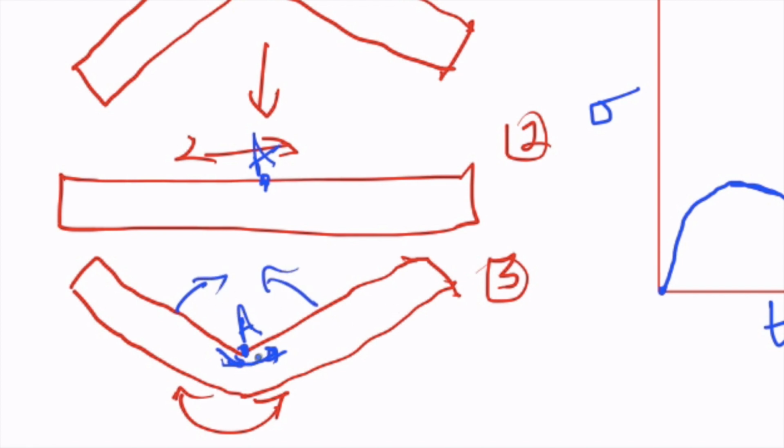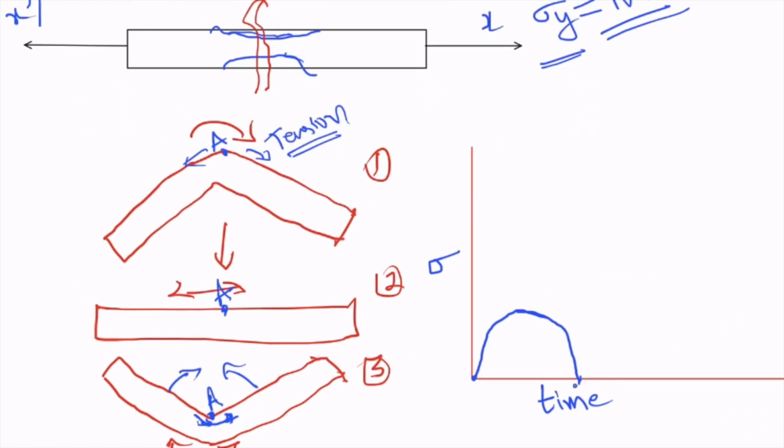There will be a kind of compression on point A. So when you continuously draw this graph, what's going to happen to that stress and time plot? Instead of tension, we will have compression right here. So the graph will go in the opposite direction. This will be the total effect of that stress cycle.